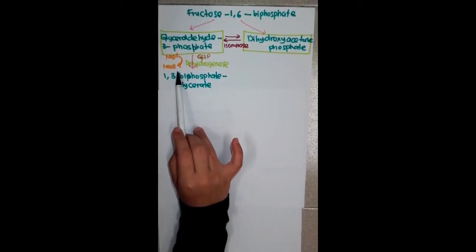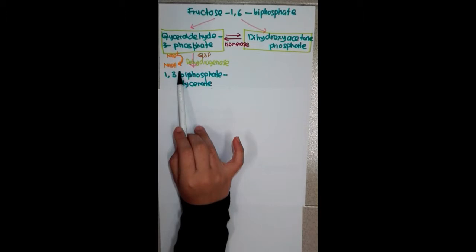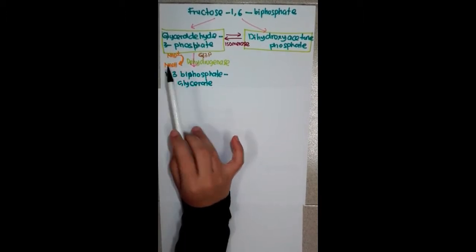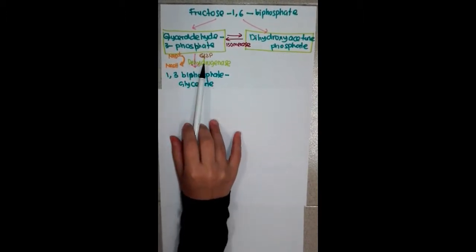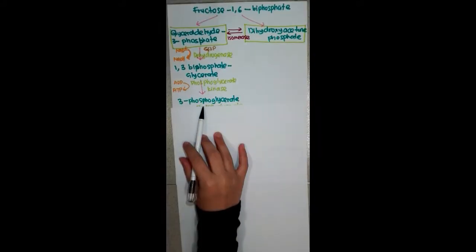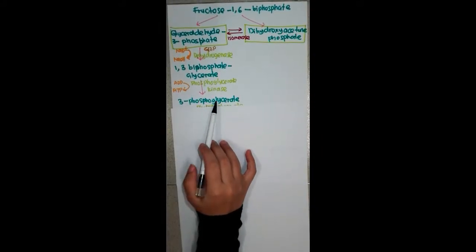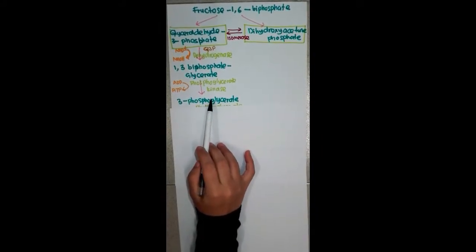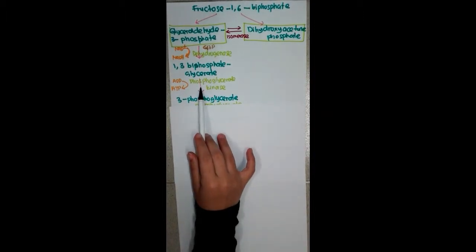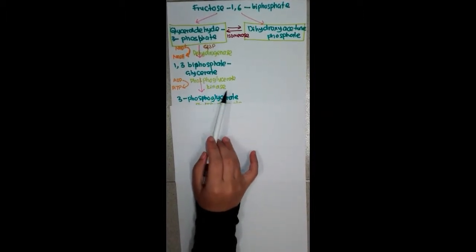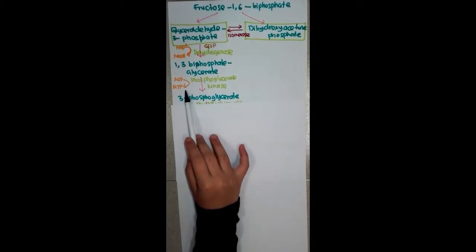This reaction utilizes a molecule of inorganic phosphate. Next, 1,3-biphosphoglycerate is converted into 3-phosphoglycerate. This reaction is catalyzed by the enzyme phosphoglycerate kinase. In this reaction, ATP is produced.